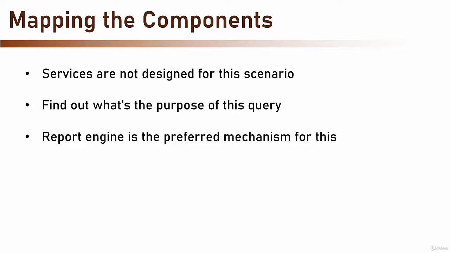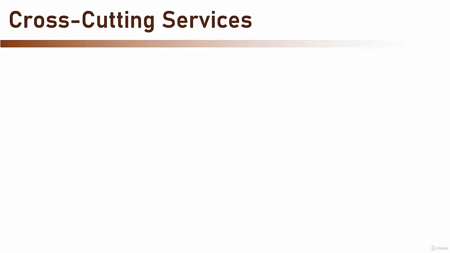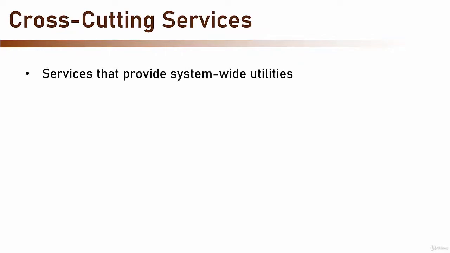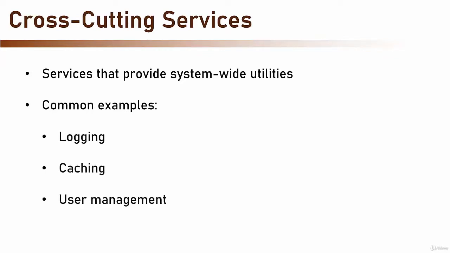Now, another topic you need to be aware of is cross-cutting services. Cross-cutting services are services that provide system-wide utilities, meaning utilities that are not tied to a specific business scenario, but ones that almost every service can benefit from. Some common examples of cross-cutting services are logging, caching, user management, and of course, there are more.